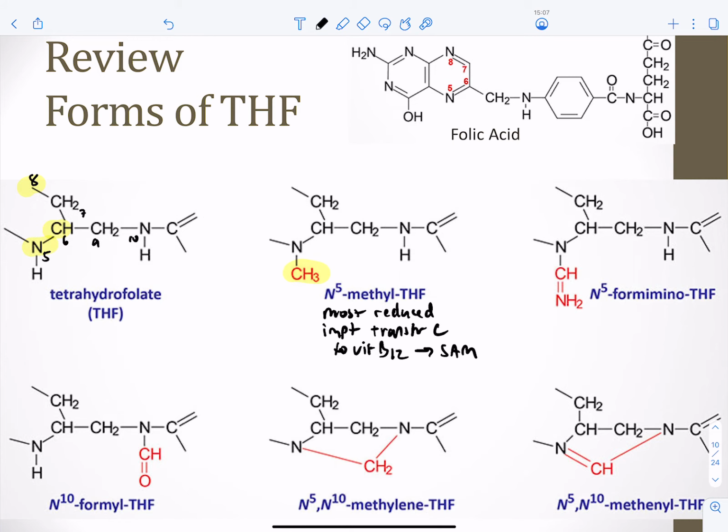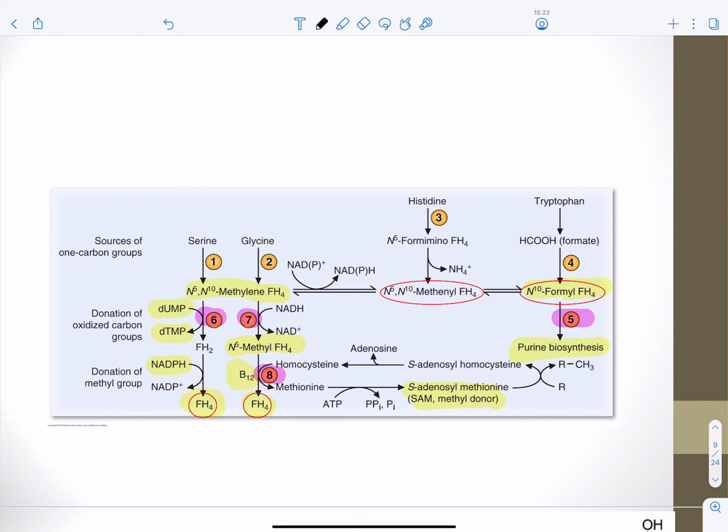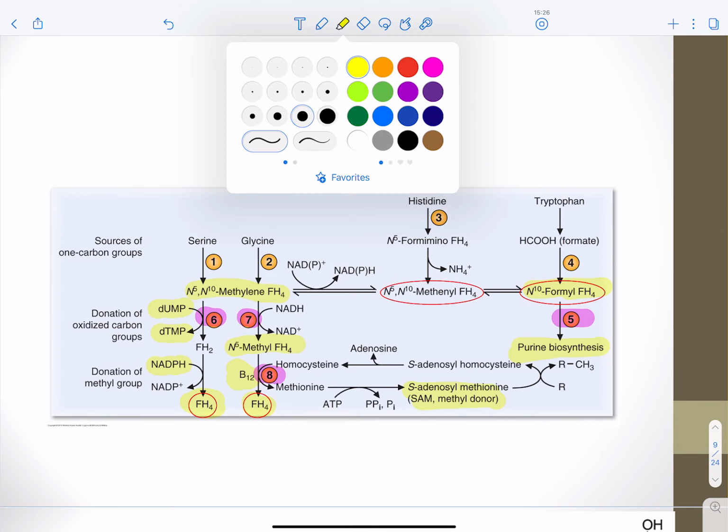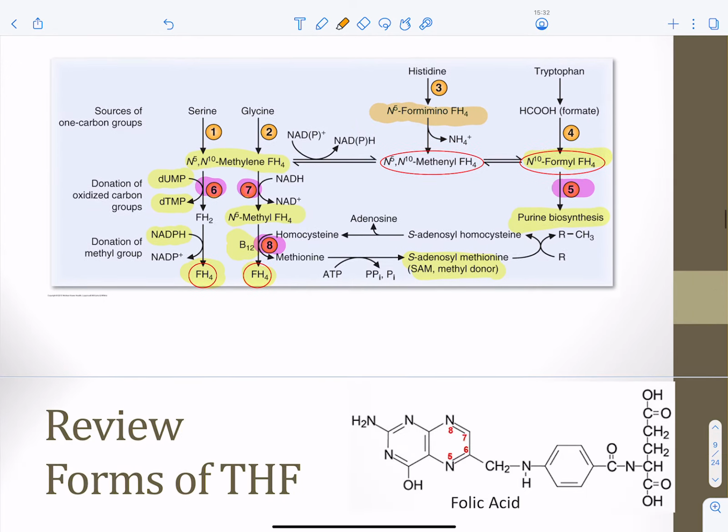We have the N5-formimino tetrahydrofolate, and this is part of histidine degradation. So if you go back just for a moment to this slide, you can see that we have histidine, different color, and it has an N5-formimino tetrahydrofolate in its pathway.